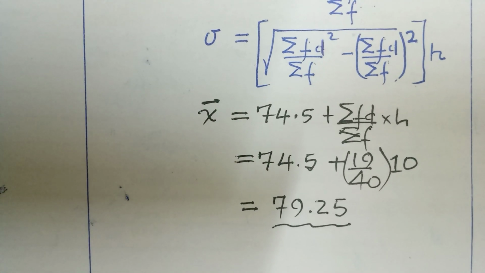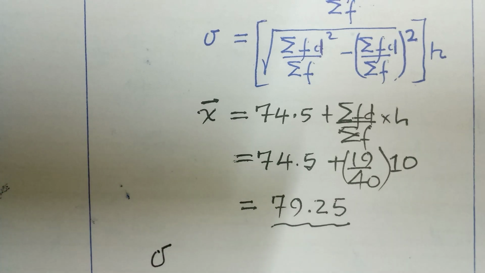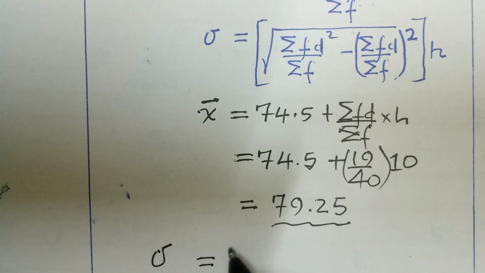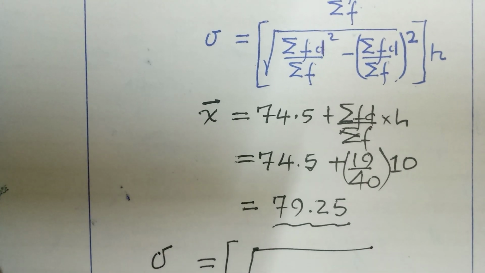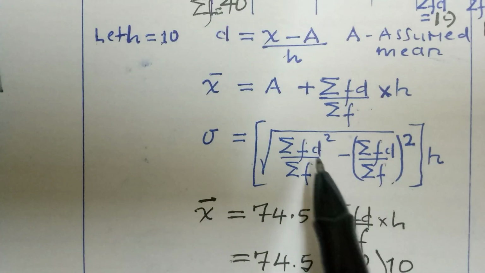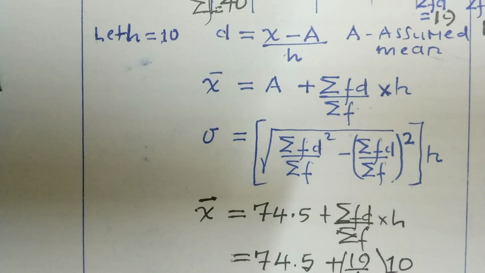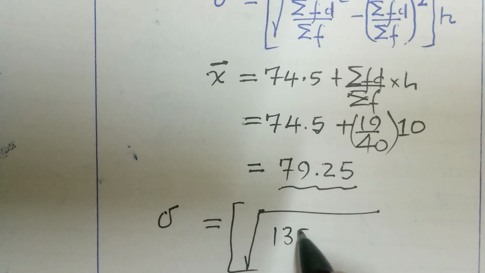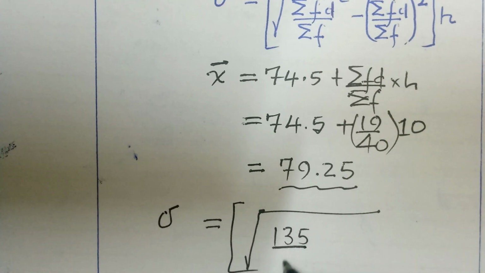We now come to standard deviation. This one we just come and put our figures. This is going to be equal to, we have here what we are calling summation of fd squared, which is 135. So here we have 135 divided by the frequency, which is 40.